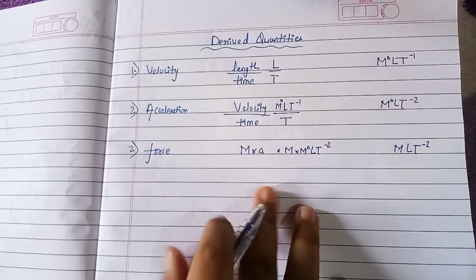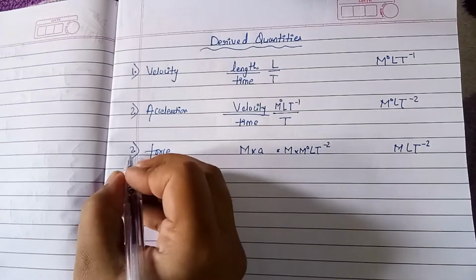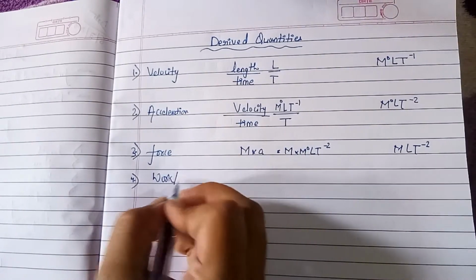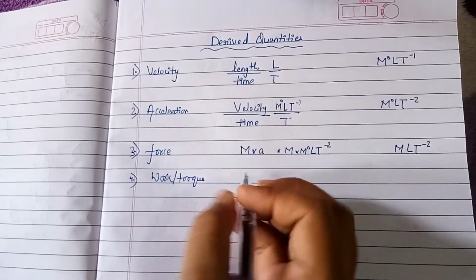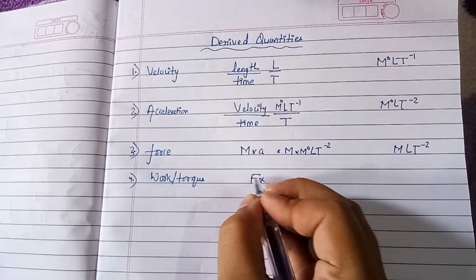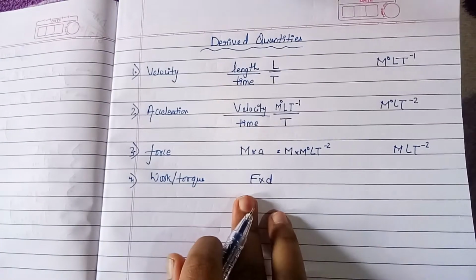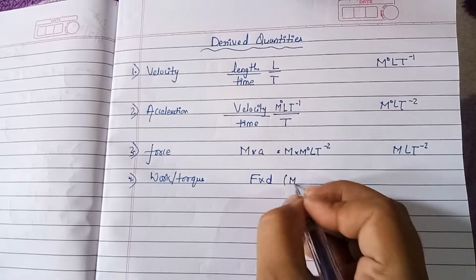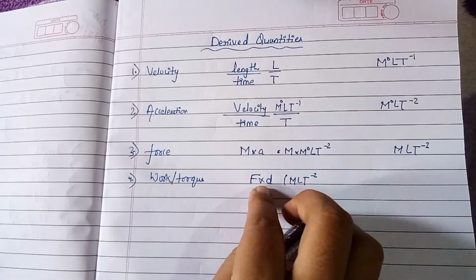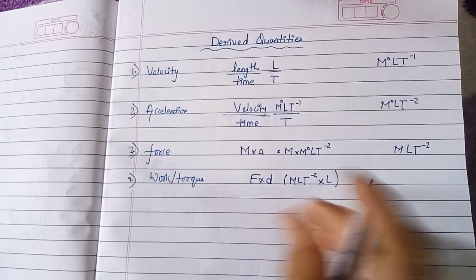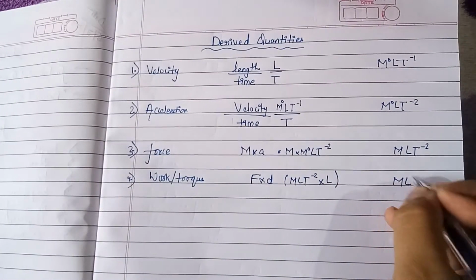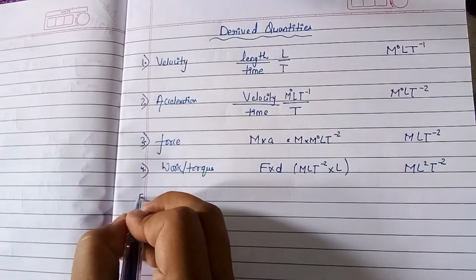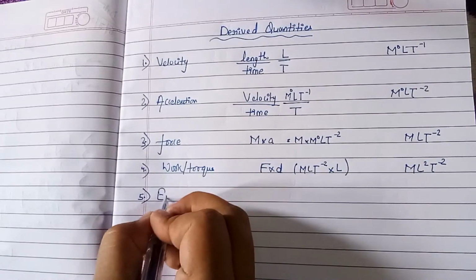Next we will see the fourth quantity, that is work or torque. It is equal to force into displacement. The value of force we have calculated is M L T^-2, and distance we take as L, so it will become M L^2 T^-2. Now we will see the derived quantity for energy.